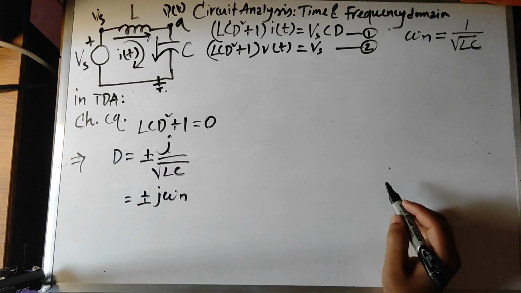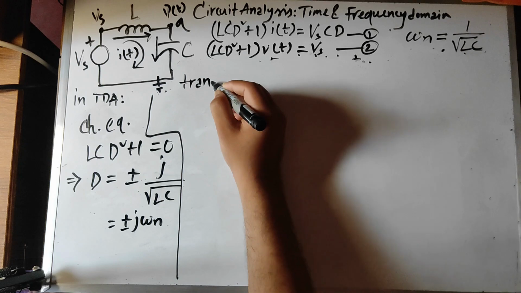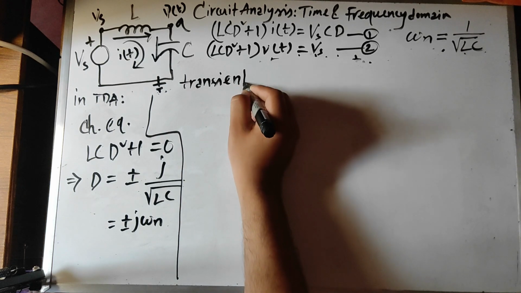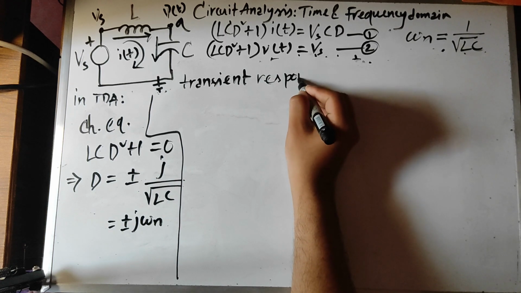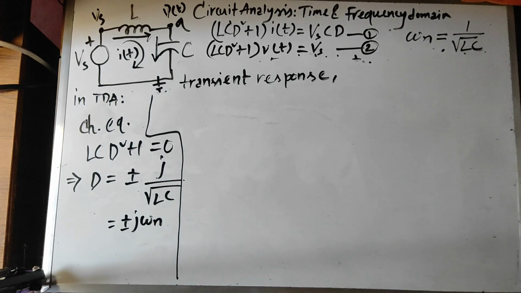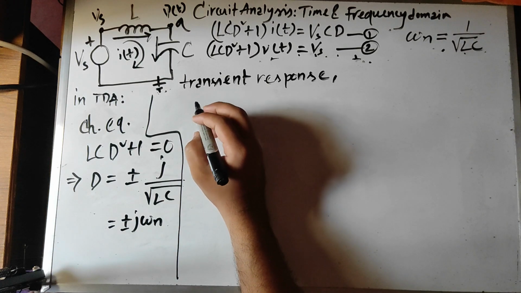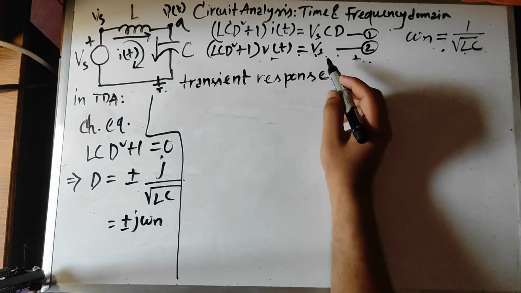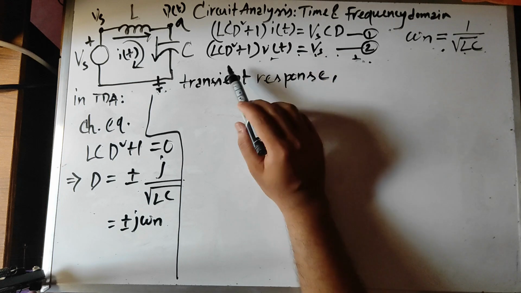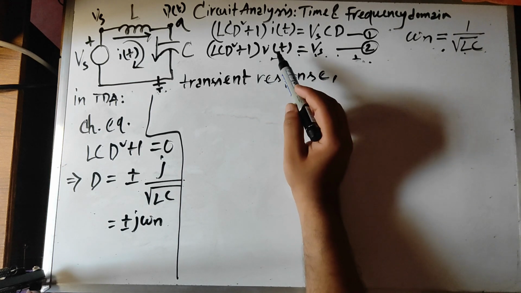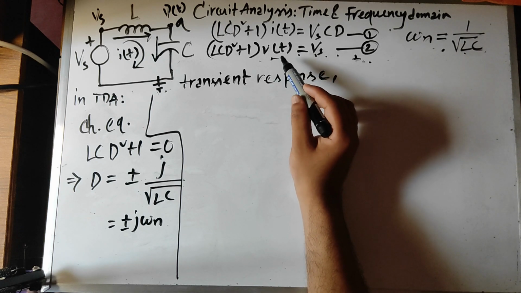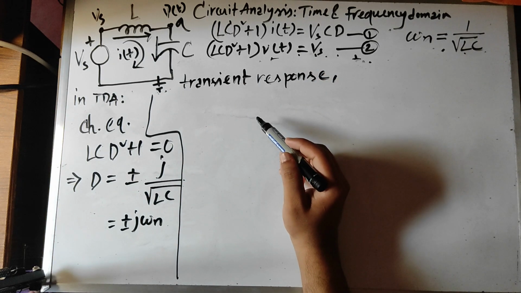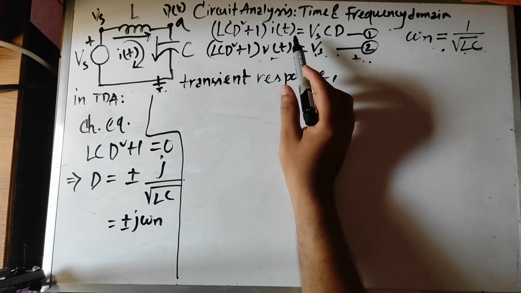So the transient response is, say, here I'm going to solve for the voltage first, because voltage is the principal response for the series LC circuit, and if I have to, I will find the current response.